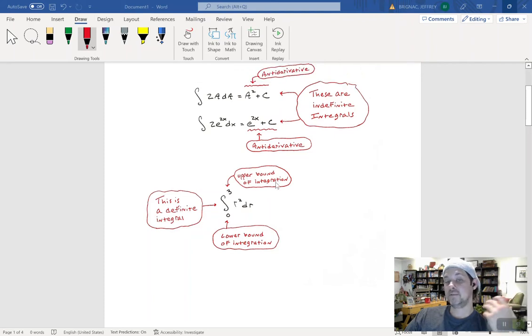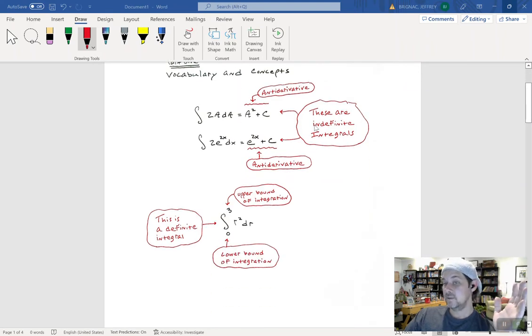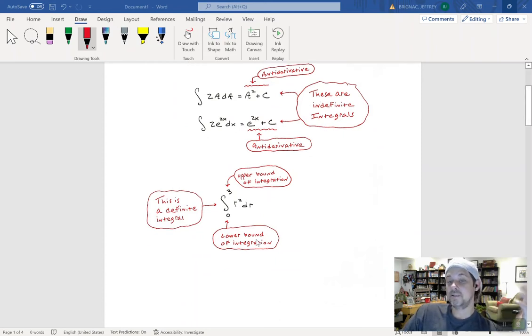Now, that's what it is. It doesn't look that much different. What I haven't told you yet is how you would evaluate this and what we use them for, but that will come. For now, I just wanted to say that there's this thing called a definite integral. It looks kind of like something we already know about, an indefinite integral, but there are these numbers included with it: the lower bound of integration and the upper bound of integration.